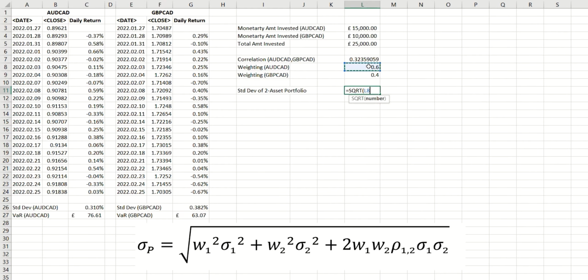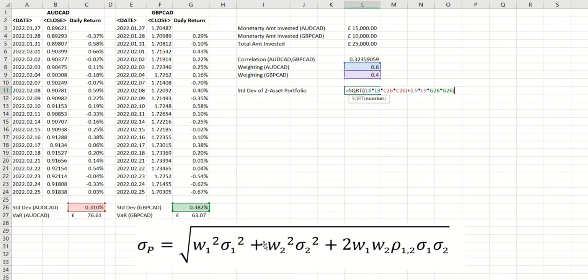So this multiplied by itself, and that then gets multiplied by the standard deviation of Aussie CAD, which of course is this value here, and that is squared as well. So we'll just put that into its own brackets here. Then we have the same for the second weighting, which is this multiplied by itself, multiplied by the standard deviation for pound CAD, and squared.